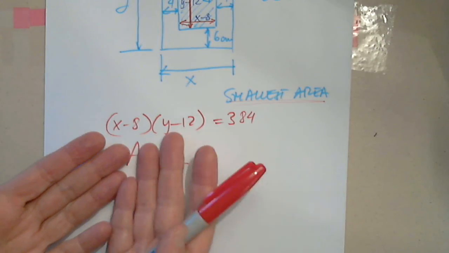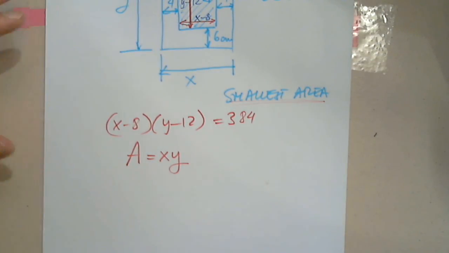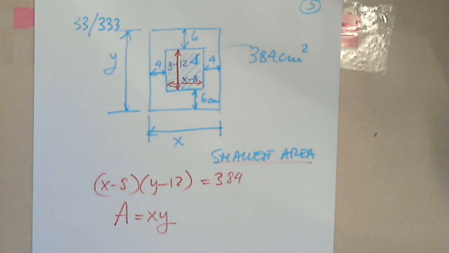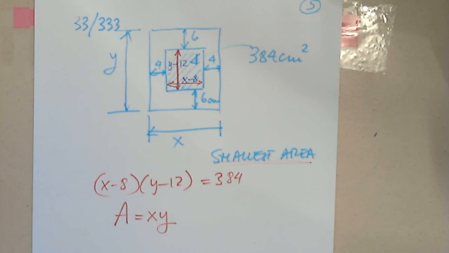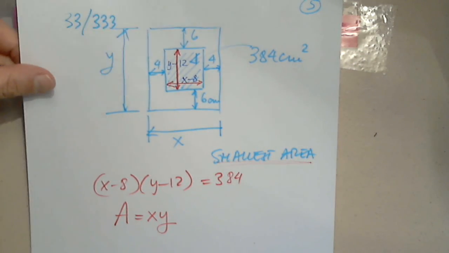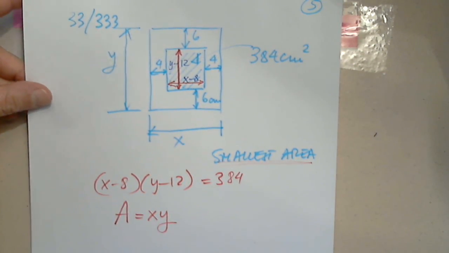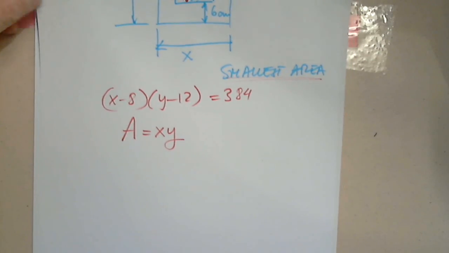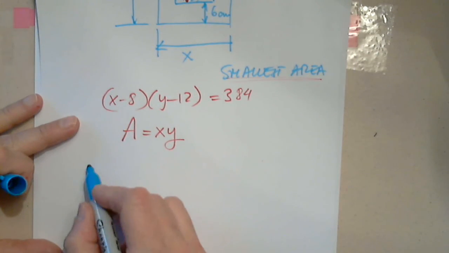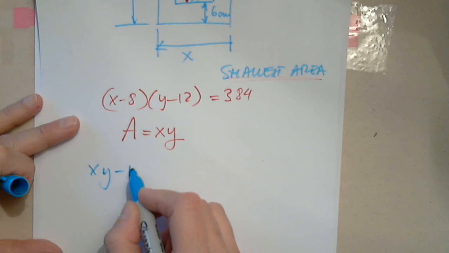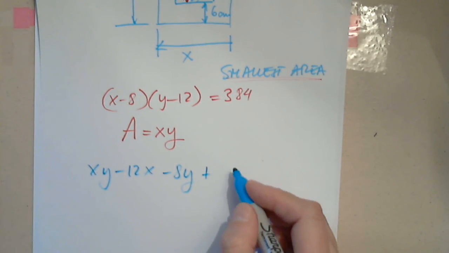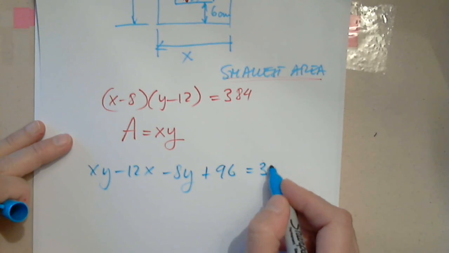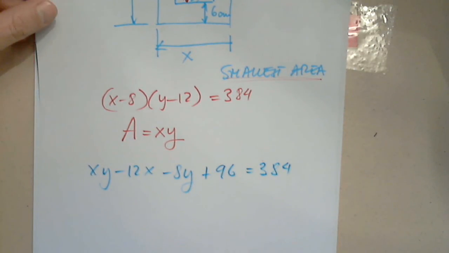And this is the equation that I came up with after I identified all given quantities, identified the area, etc. Okay, so then I will distribute here, see what happens. X times y, negative 12x minus 8y and plus 96 equals 384.